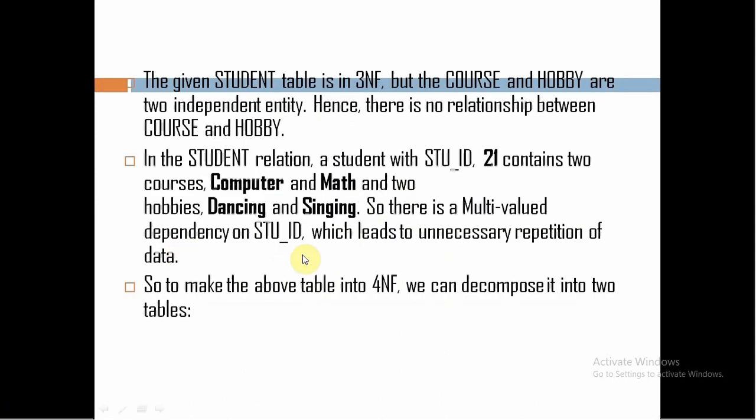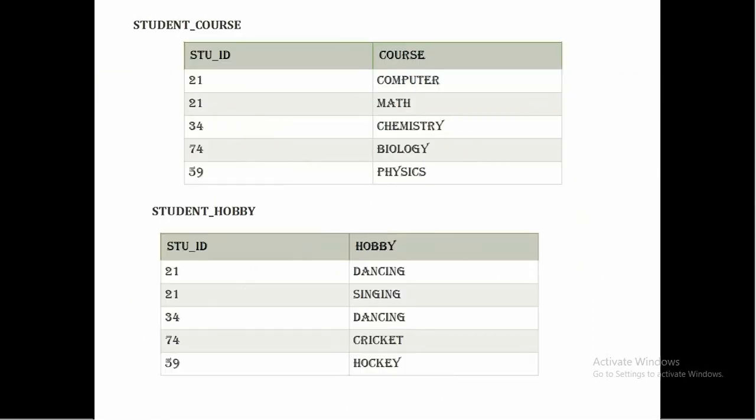So there is multi-value dependency on student ID, which leads to unnecessary repetition of data. So to make the above table into 4NF, we can decompose it into two tables. These are student course and student hobby. Student course includes student ID and course, and student hobby includes student ID and hobby.